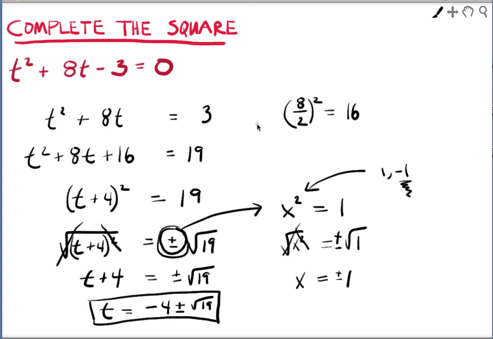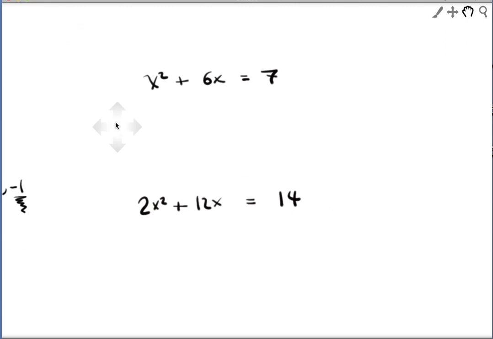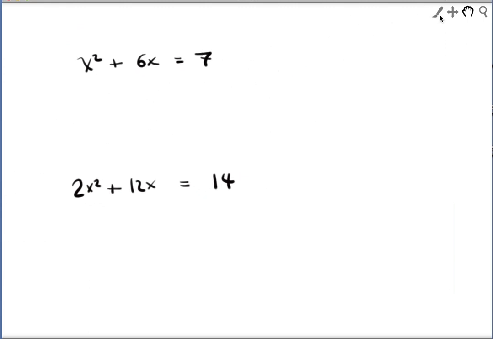Now I wanted to also work a few other problems to help you habituate to this technique of finding the magic number. So let me bring that in here. Here's a couple more problems, and they're tailor-made now for completing the square.